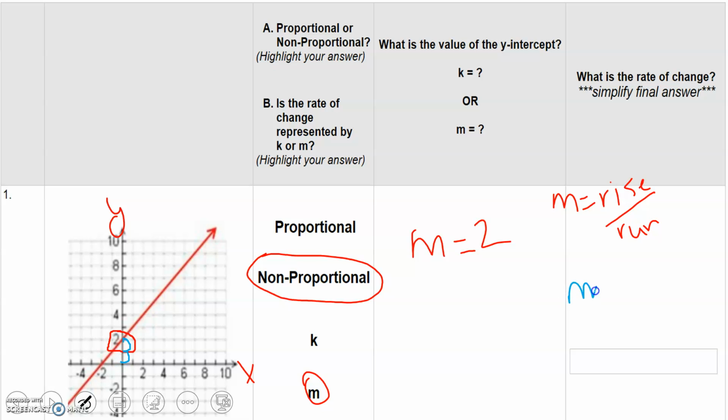So my rise is 2. And my run is how many times I need to go over. 1, 2. So m equals 1, because 2 divided by 2 is just 1. Okay, let's go ahead and continue.